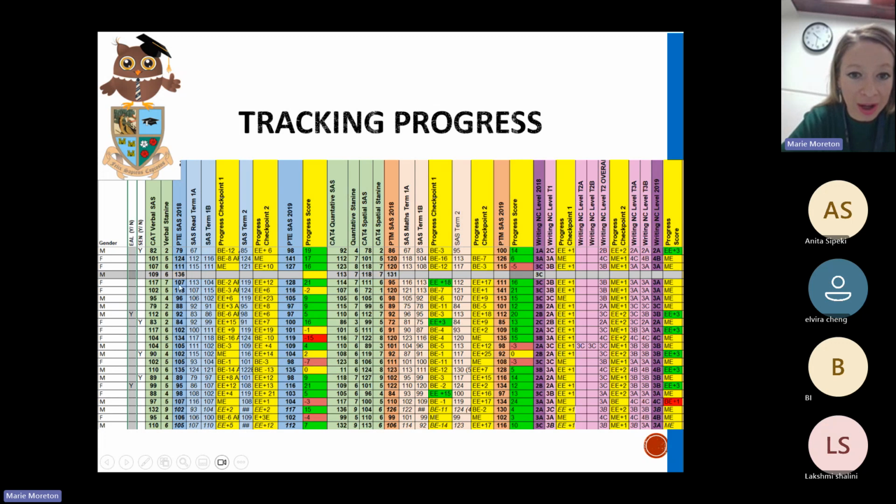So, for example, here we have a child who scored 101 on their CAT4 verbal assessment. So 101 is pretty much exactly average ability for this girl. And then in the PTE, she scored 124.